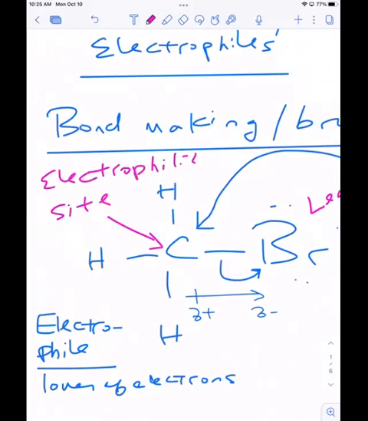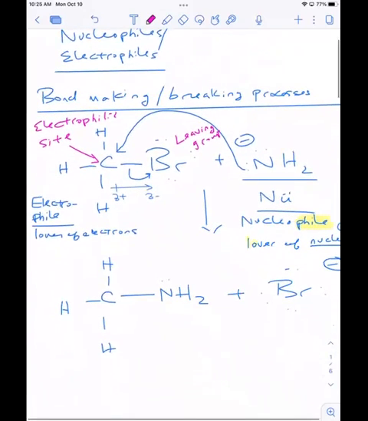Not going to take place at hydrogen, not taking place at bromine. It's always at the most positive atom in the electrophile. Carbon is partially positive. It's got a bond to bromine. It's the most logical site. All right. Any questions so far?